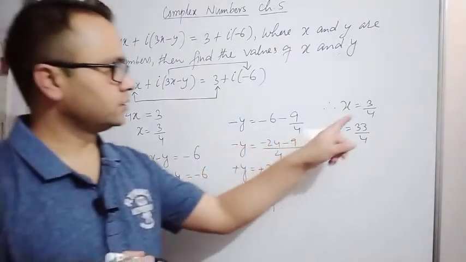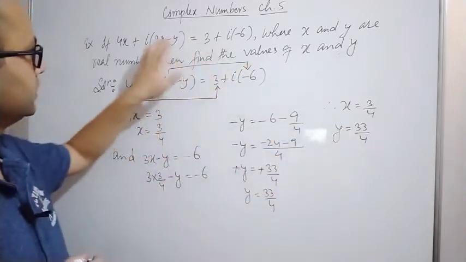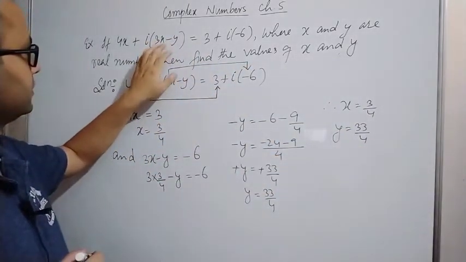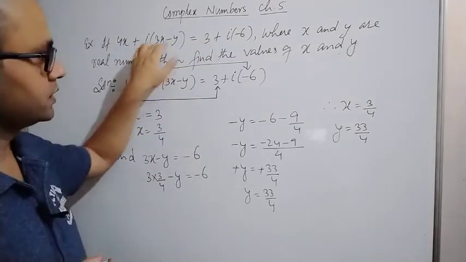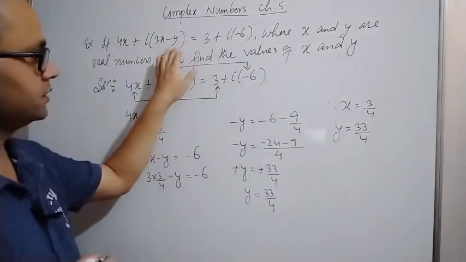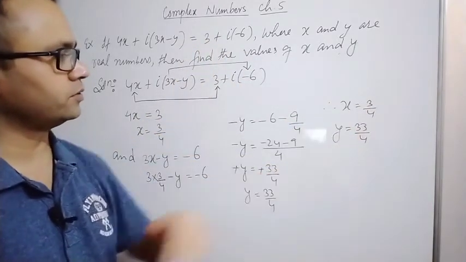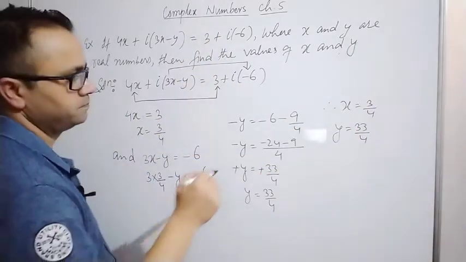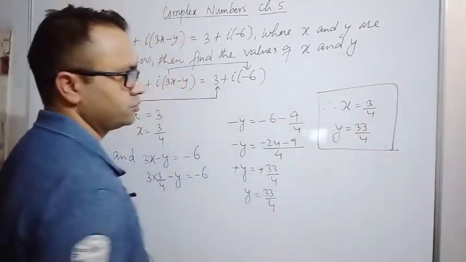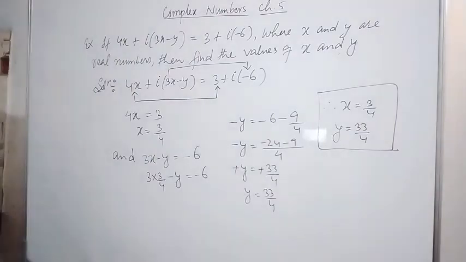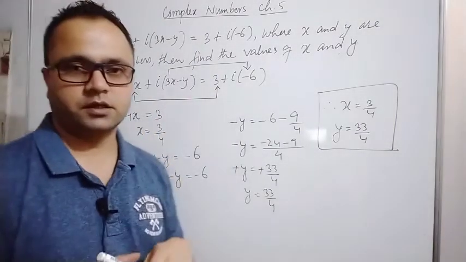Now we can check by putting these values instead of x and y, then we will get the LHS equal to the RHS. So this is the example of equality of complex numbers.